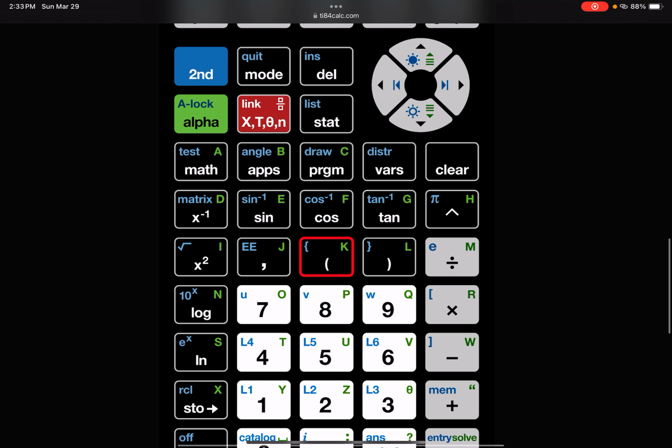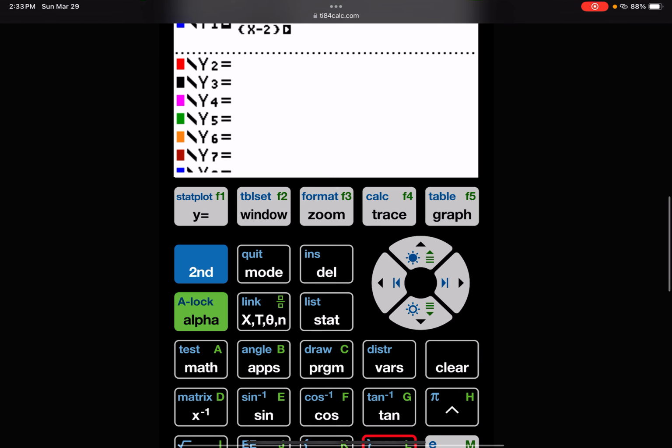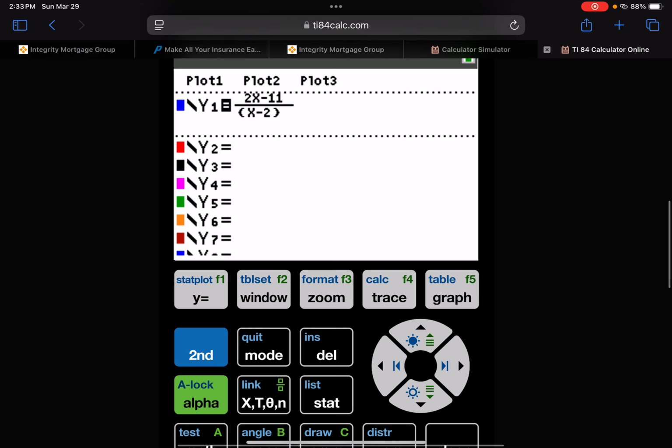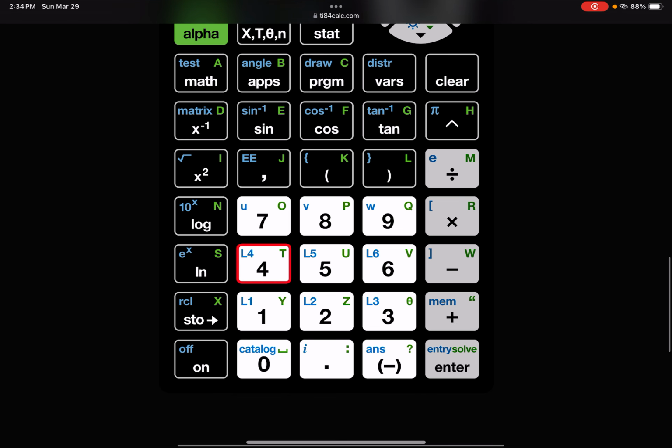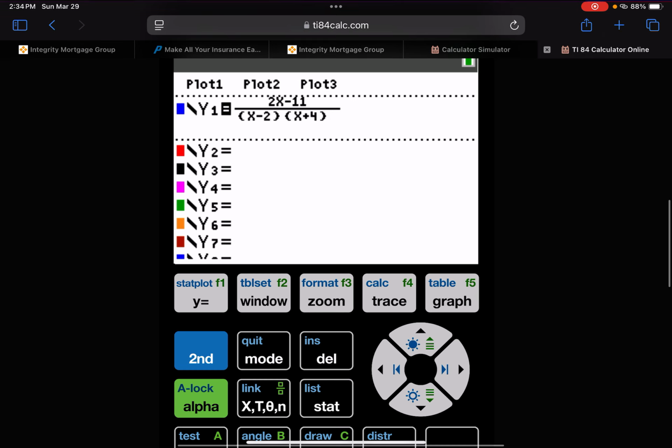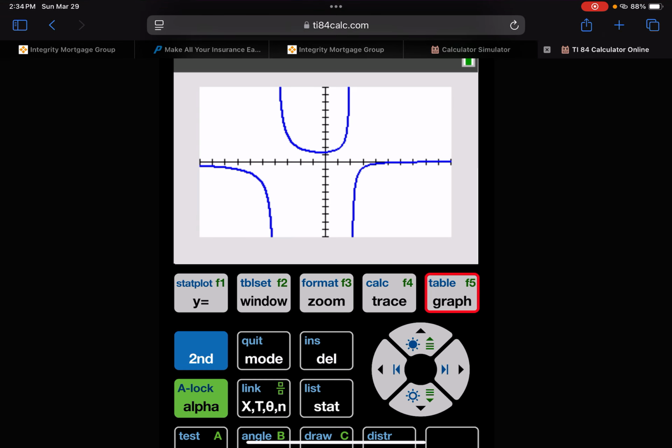So that was x minus 2 in parentheses times x plus 4 in parentheses. Then I'm going to hit graph. And so here is the graph of that function.